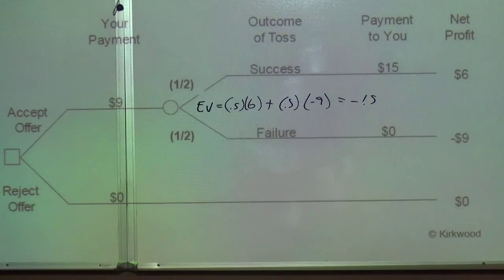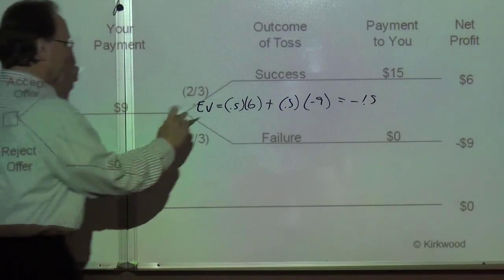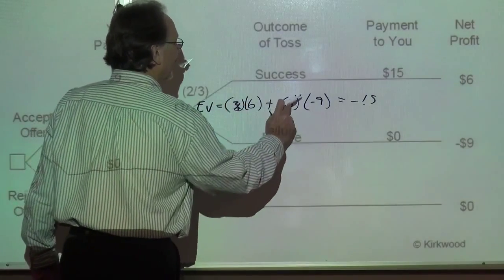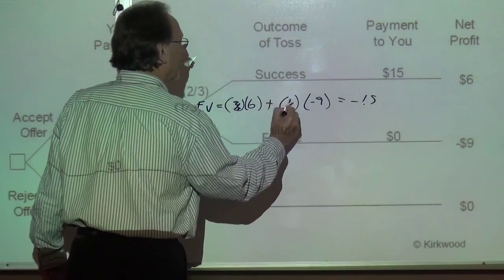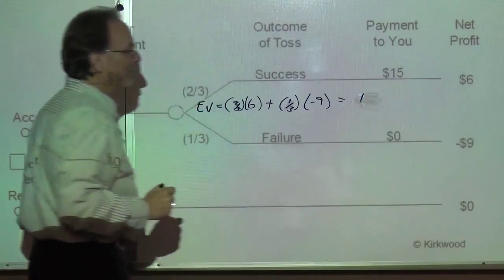For the previous example, the expected value is 2/3 times 6 plus 1/3 times -9 equals 1.